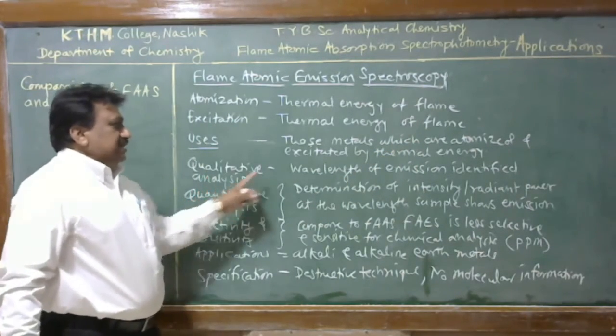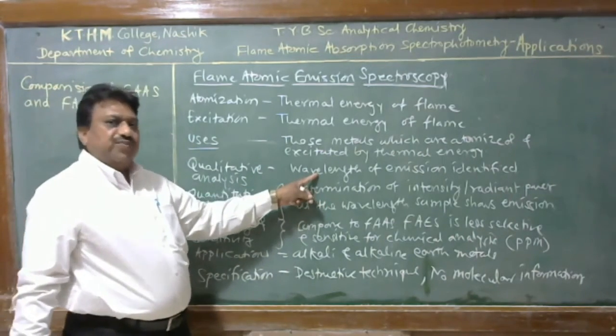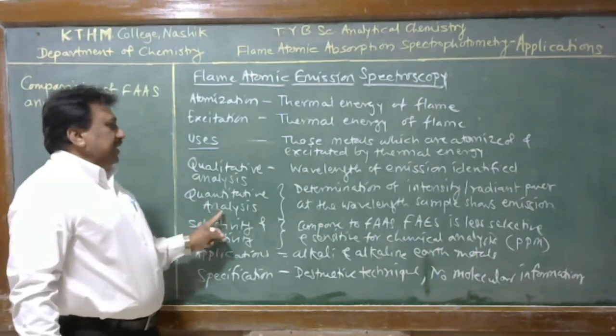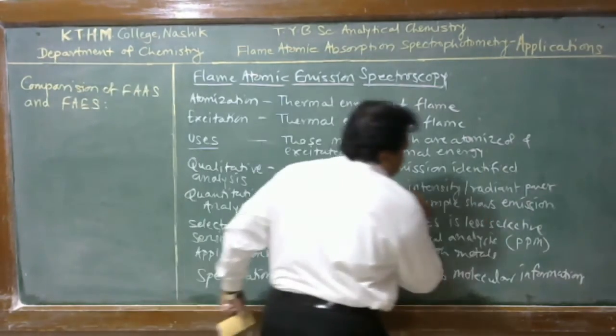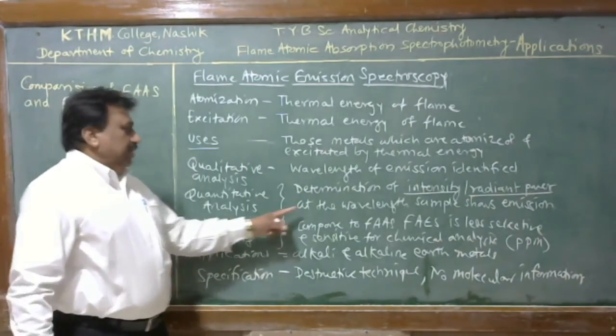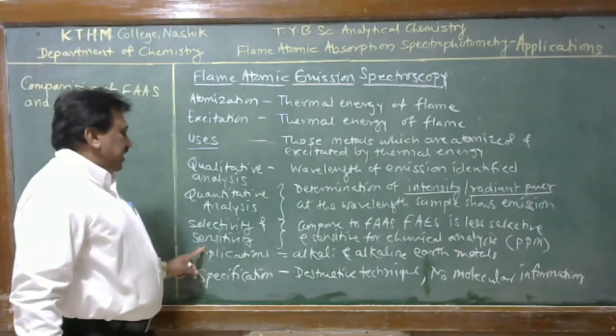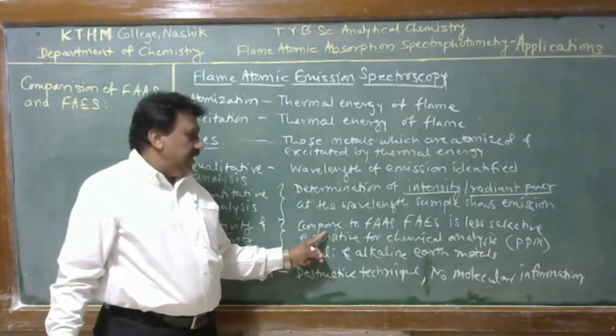Qualitative analysis is done on the basis of the wavelength of emission, that is, isolation of the wavelength of emission. Quantitative analysis is done on the basis of measurement of intensity or radiant power of the emission, and selectivity and sensitivity are less compared to flame atomic absorption spectroscopy.